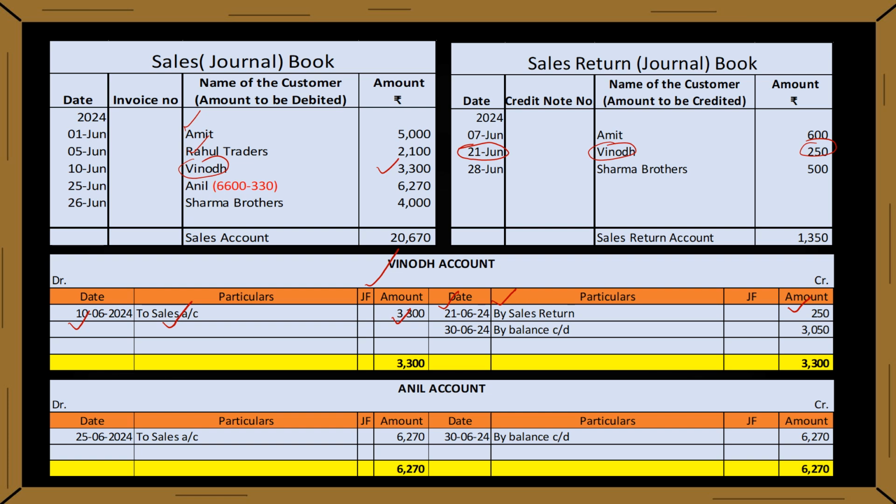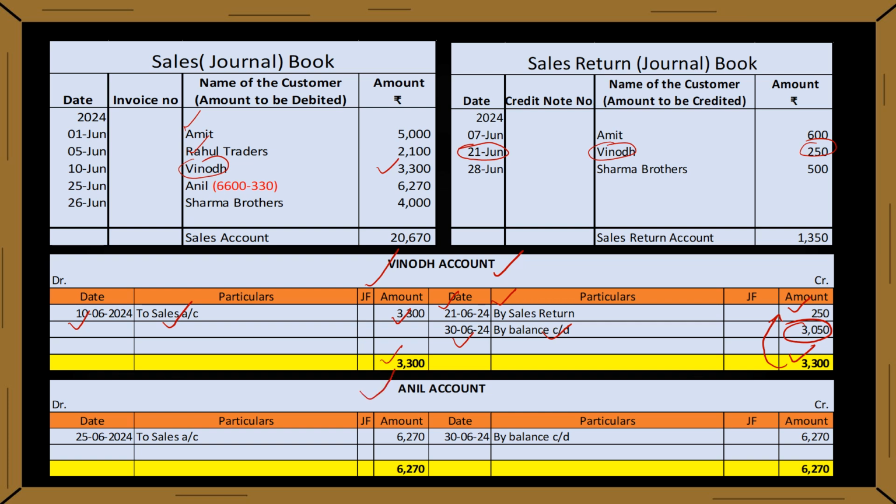On seeing, we find that the debit side total is more, so 3,300 we take to the debit and the credit side. And on 30th June 2024, by balance carried down on the credit side. While deducting 250 from 3,300 we get 3,050 as the balance of Vinod account.